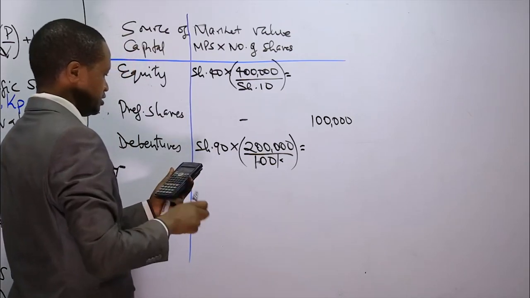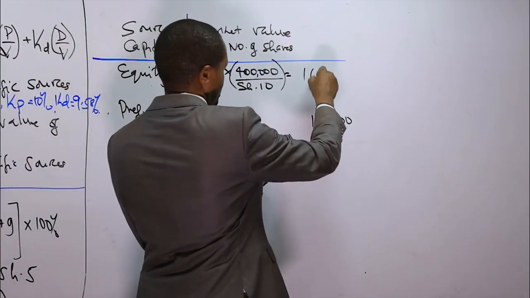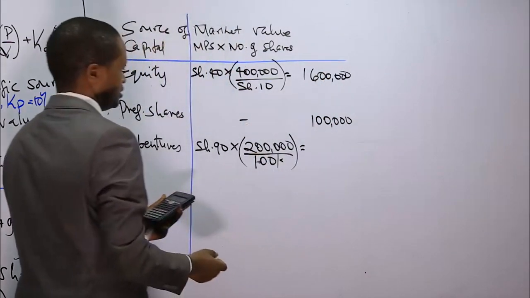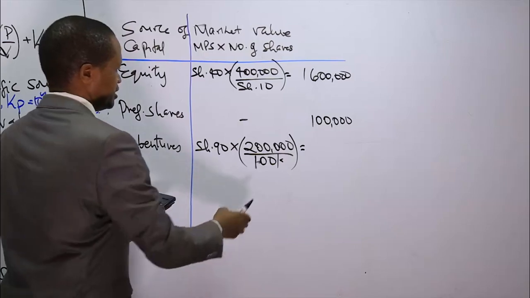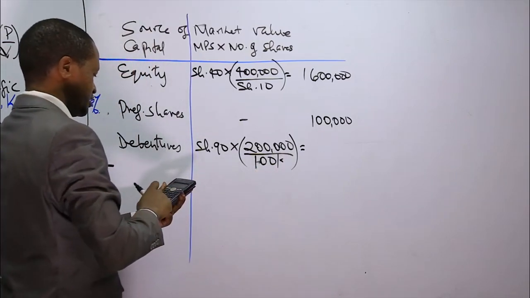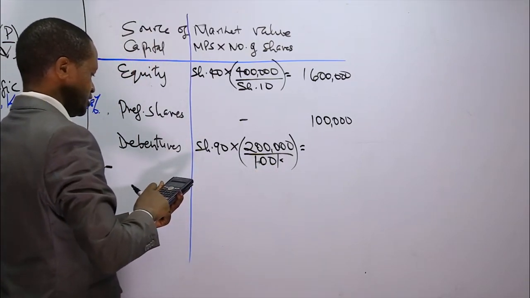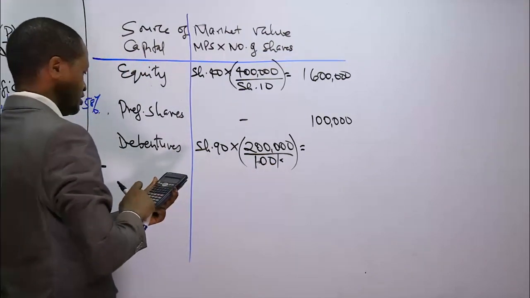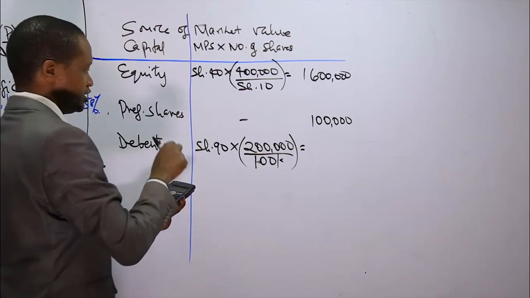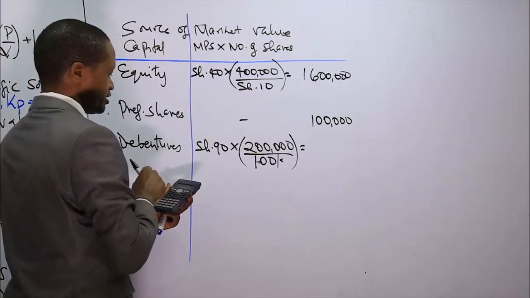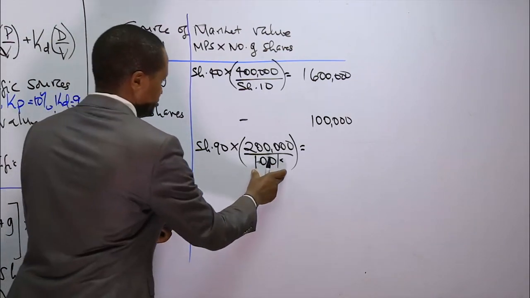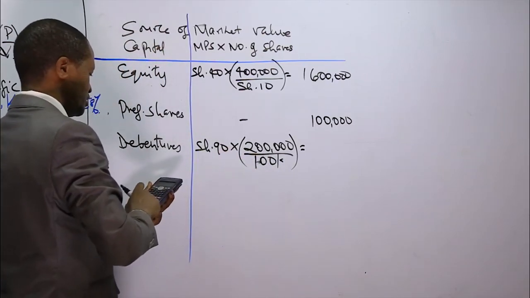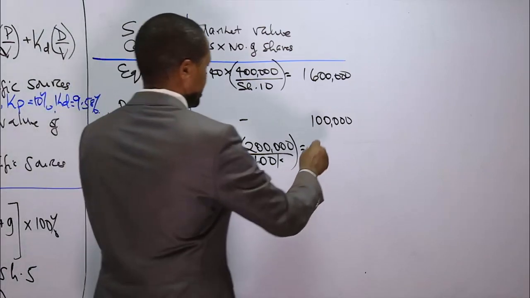This is equal to 1.6 million. Then for debentures, take the 200,000, divide by the par value per debenture, 100. I have here 2,000 debentures. Multiply the number of debentures by the market price per debenture of 90, and that will be equal to 180,000.